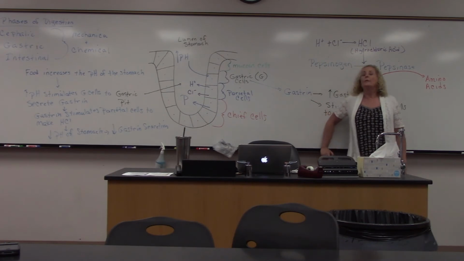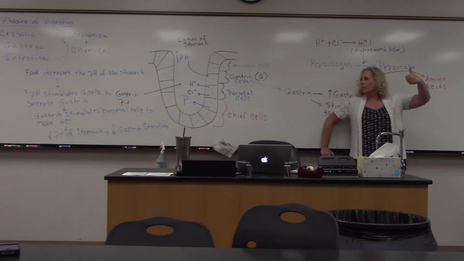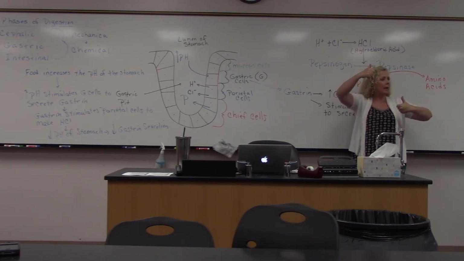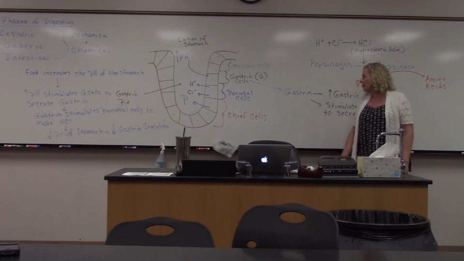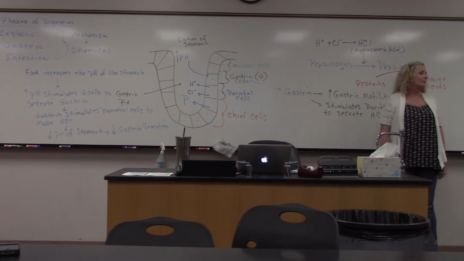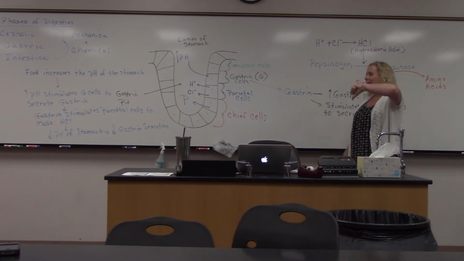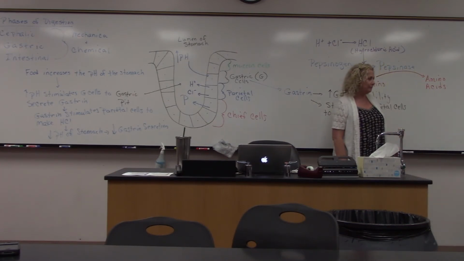So when we eat food, pH goes up because our food is more alkaline. When the pH goes up, that stimulates G cells to make gastrin. Gastrin is going to cause hydrochloric acid secretion, which will make the pH come back down. And then that turns gastrin off.